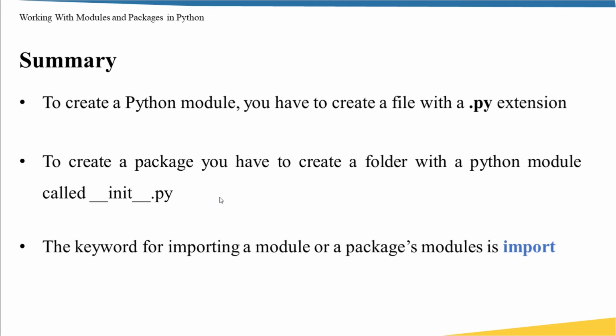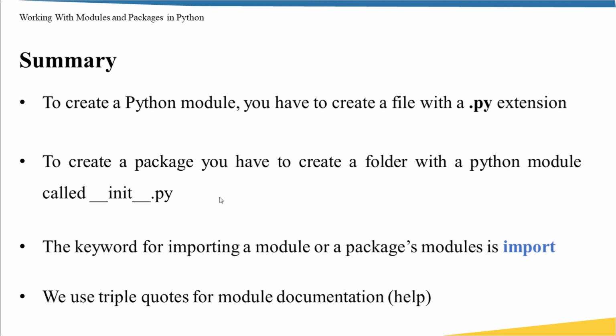We have talked also about documentation. And we see that if I want to document a module, I have to add a documentation string at the header of the file using triple quotes. And I say triple quotes because the output of help function will have my documentation string.